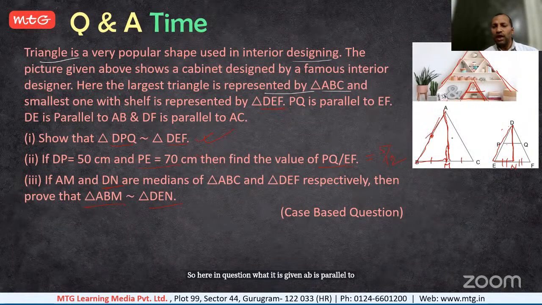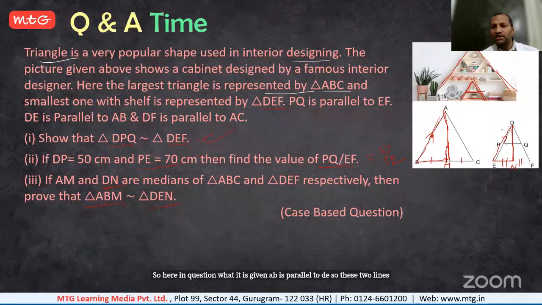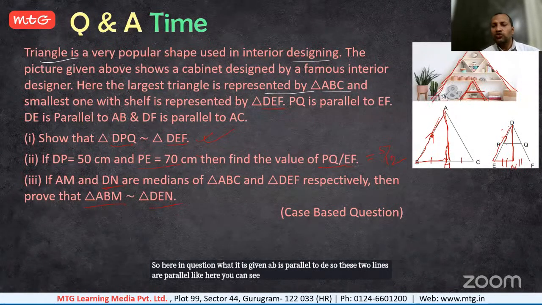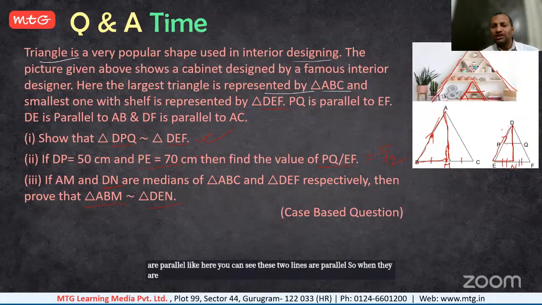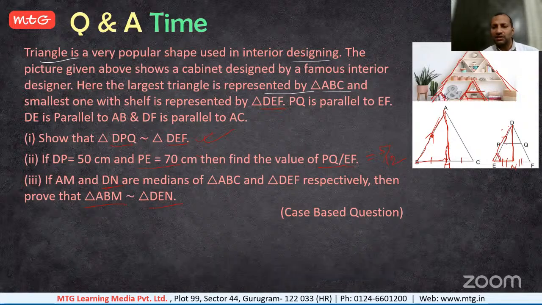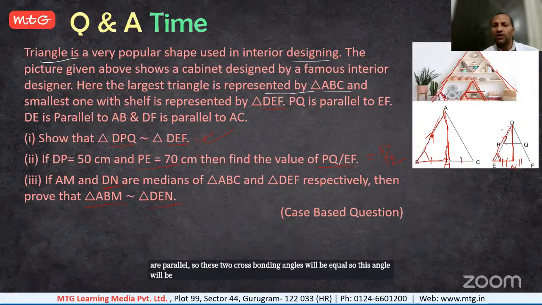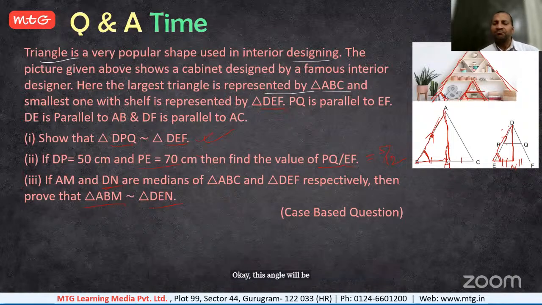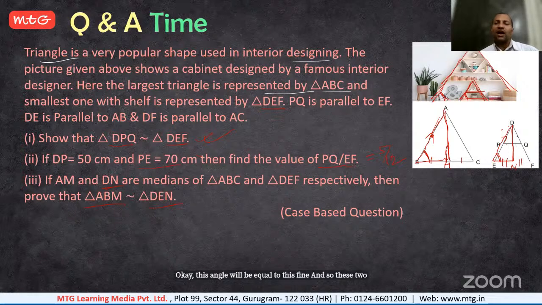So these two lines are parallel, and when they are parallel, these two corresponding angles will be equal. This angle will be equal to this angle. And so these two triangles are similar.